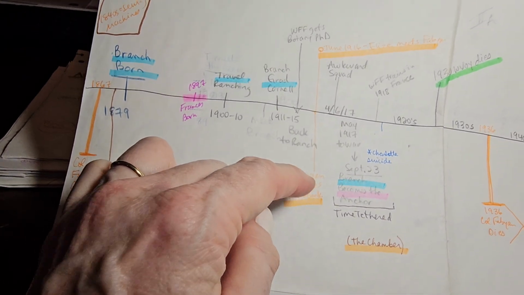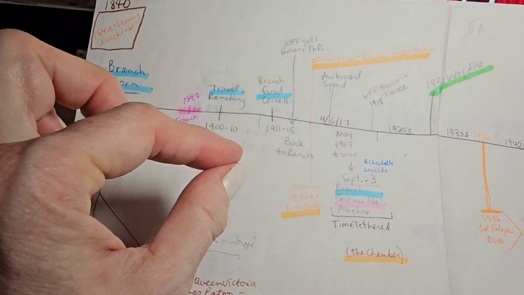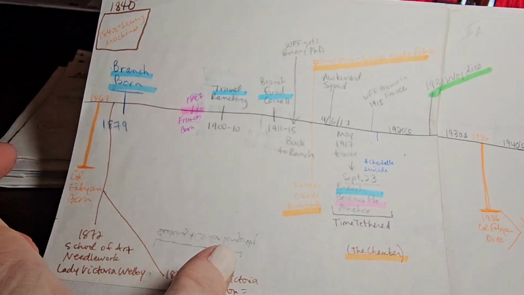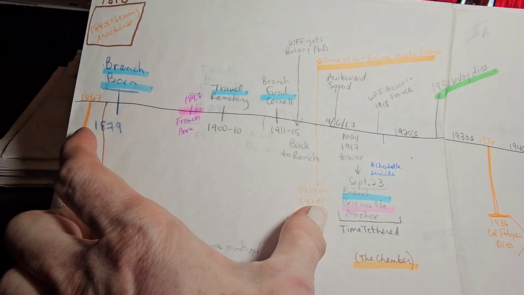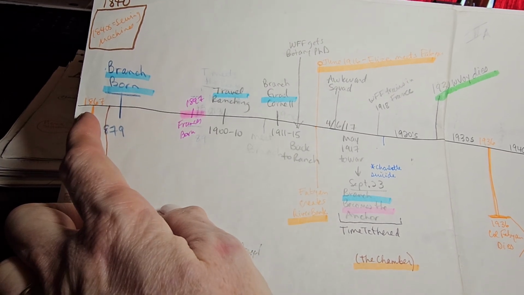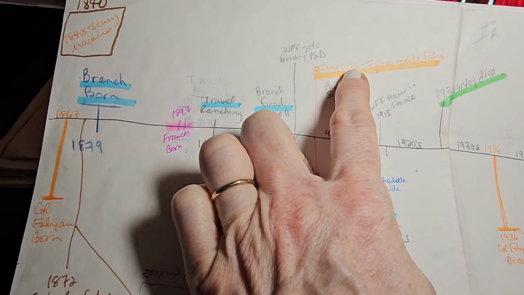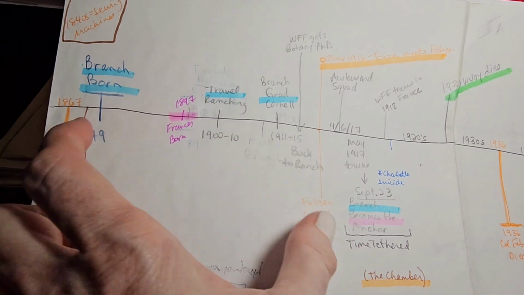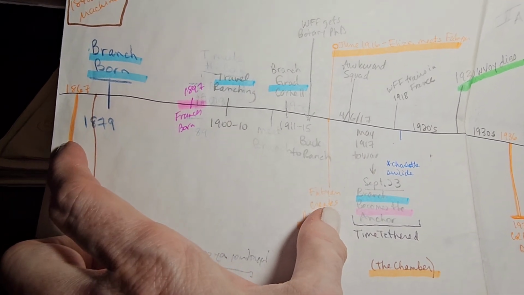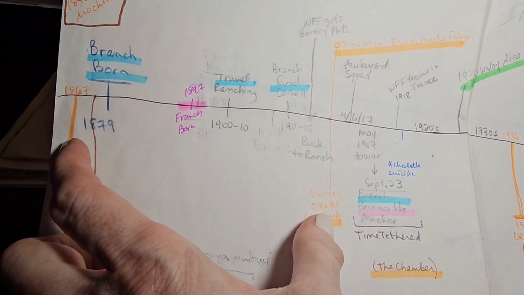So for the rest of you, those are spoilers, but that's a key piece of information. See how that works? From 1867 to June of 1916, I have Fabian plotted out on my timeline. Now, what happens in between there?